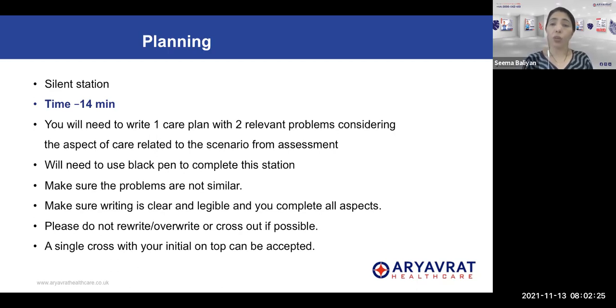Also remember, it is the patient's care plan that you are writing, so please mention the patient's name, and please mention the correct name and correct gender as well. I'm sure that once we go through the care plan in detail, you will understand it much better. But this is basically what a planning station is going to look like.